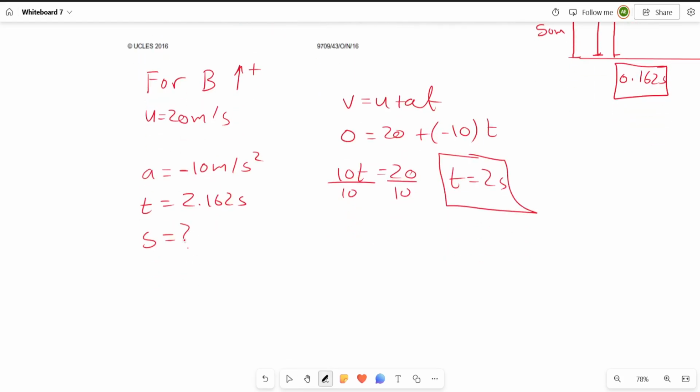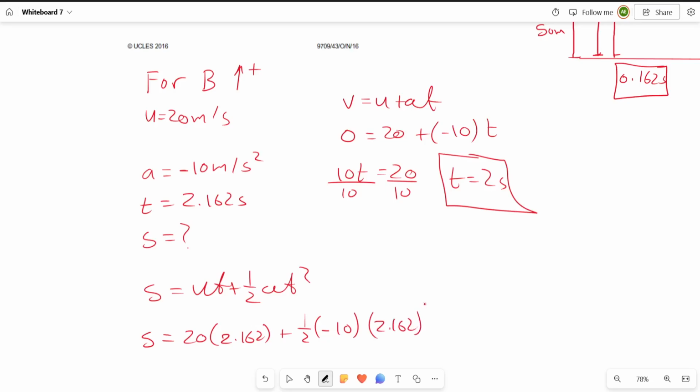So now I'm going to use the equation which doesn't include a v. So I'm going to use s equals ut plus half at squared. So s is going to equal u, which is 20, multiplied by t, which is 2.162, plus half times acceleration, which is negative 10, times time squared, which is 2.162 all squared.